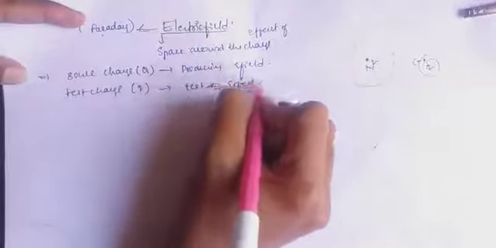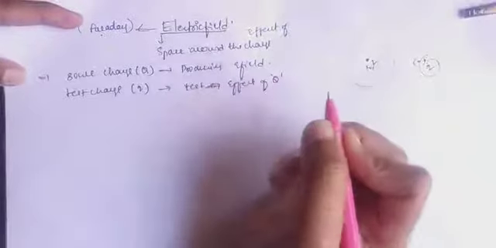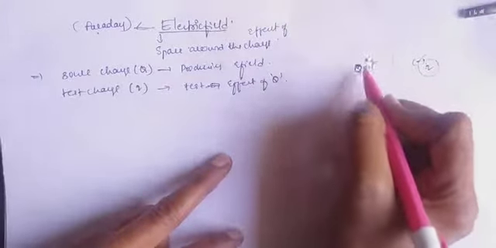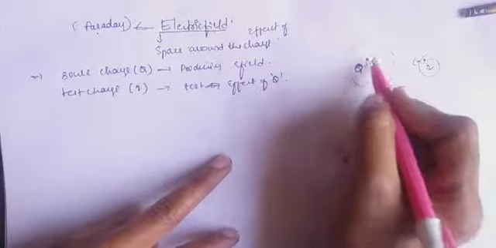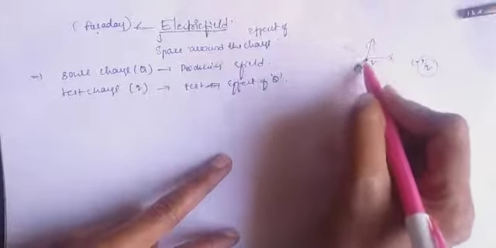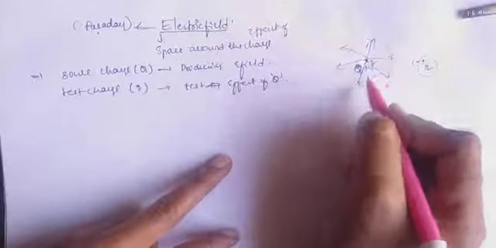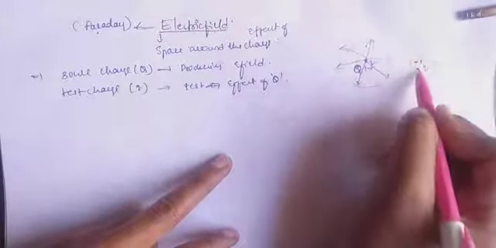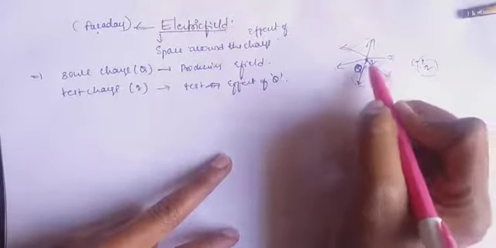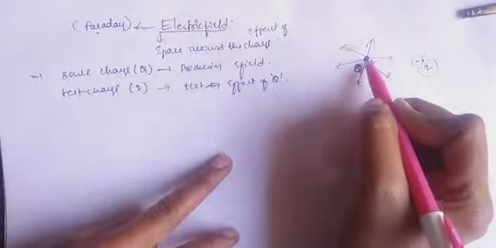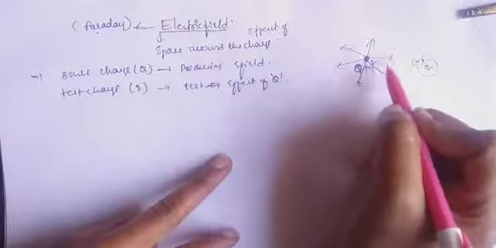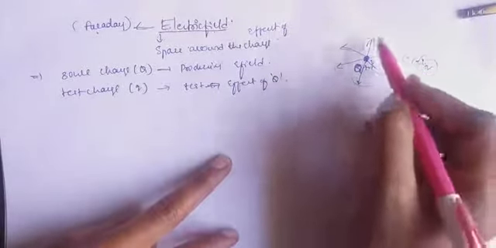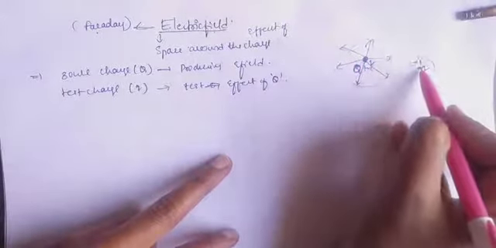Let us consider a charge; this is the source charge. It gives some electric field in all directions. This is the electric field given by the source charge. Now I am placing another charge here, so the field force will be applied on this charge.